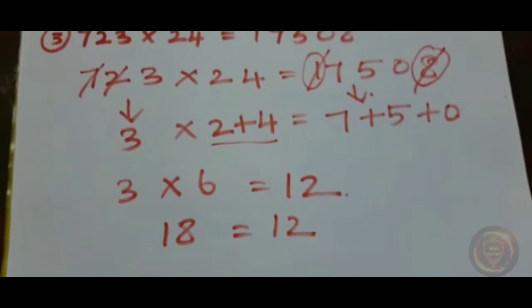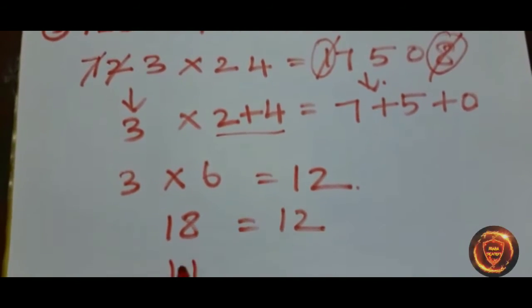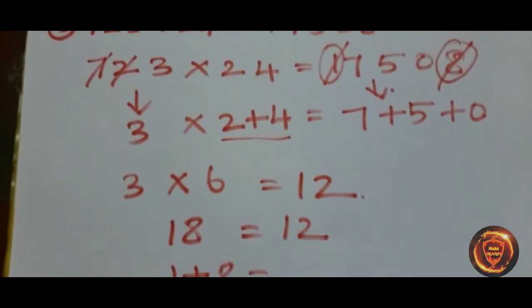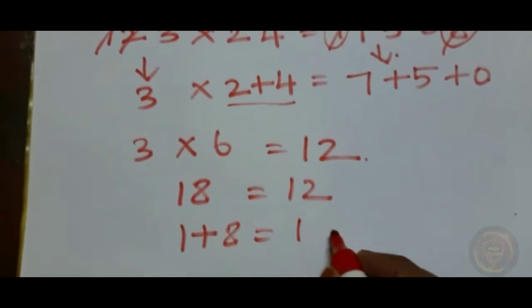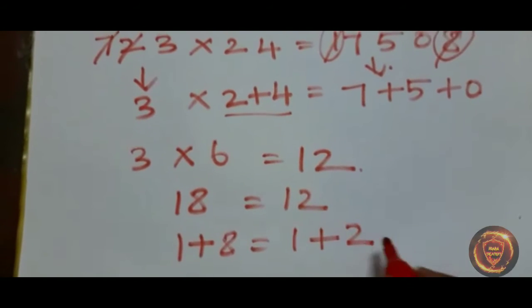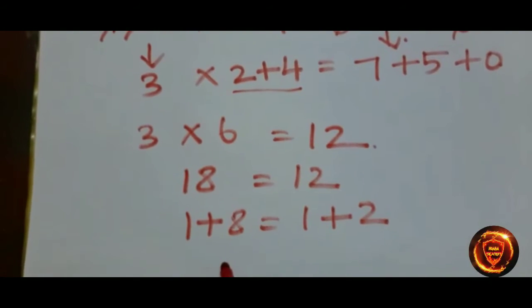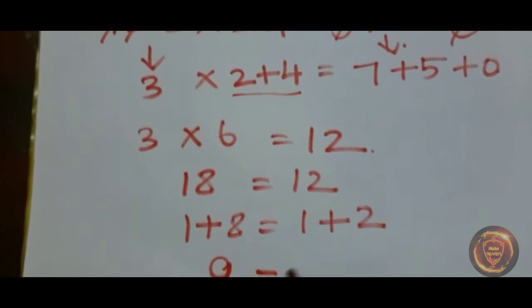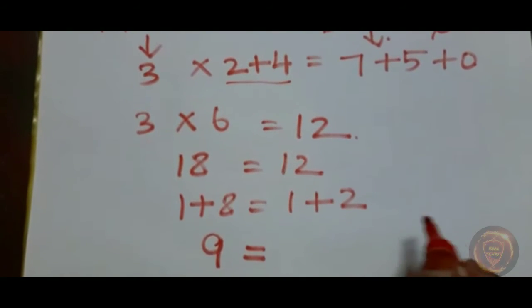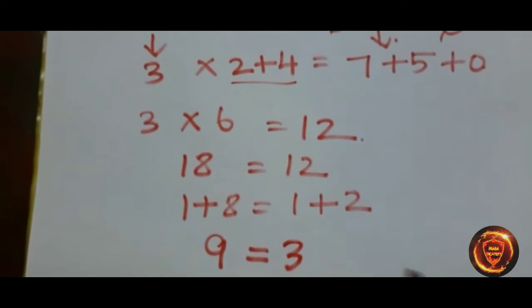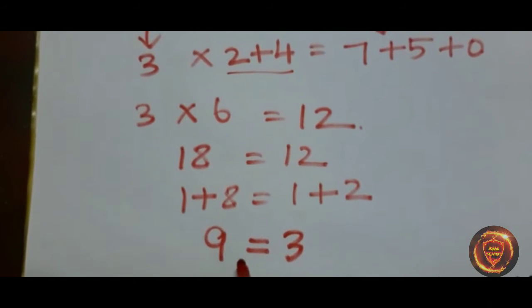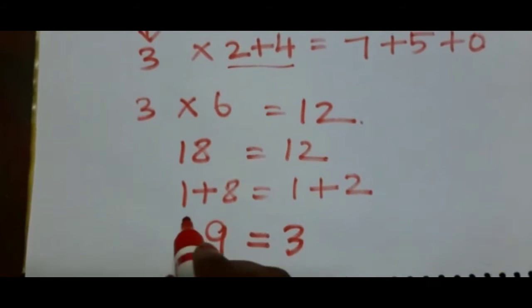Again, write this expanded form: 1 plus 8 is equal to 1 plus 2. 1 plus 8 is equal to 9 is equal to 1 plus 2 is equal to 3. So what is the value? 9 is equal to 3.